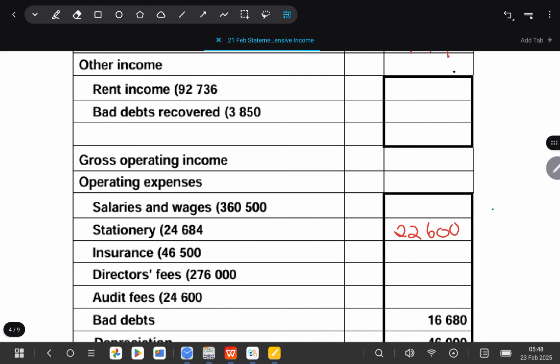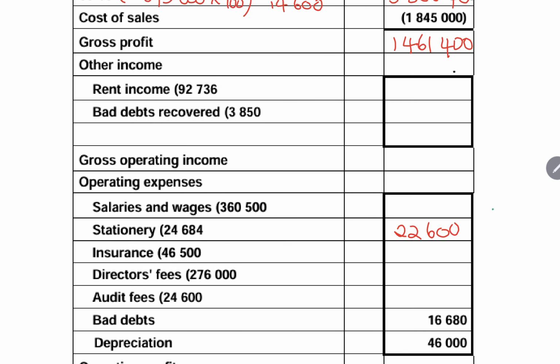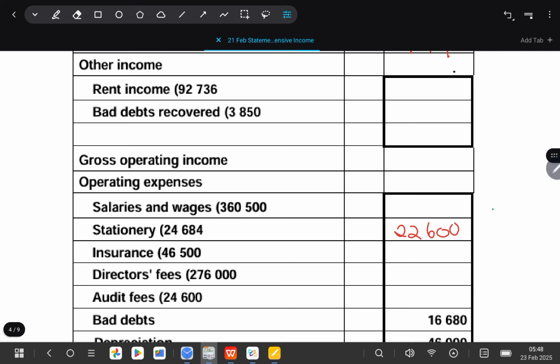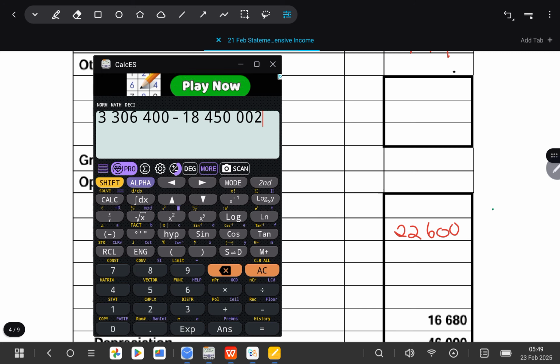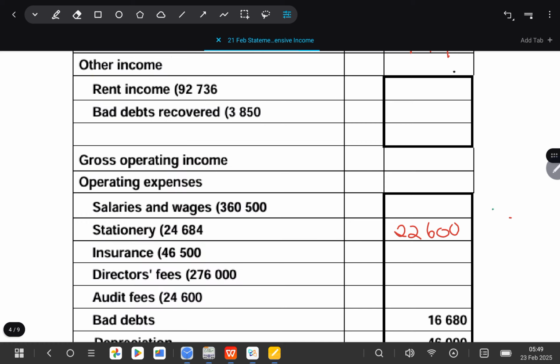Now if you look at this, this is the stationery that you bought. You bought the stationery for 24,684. So if I say 24,684 minus 22,600, it will give me the value of my on hand.